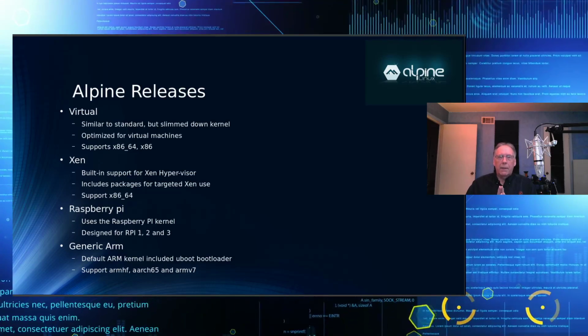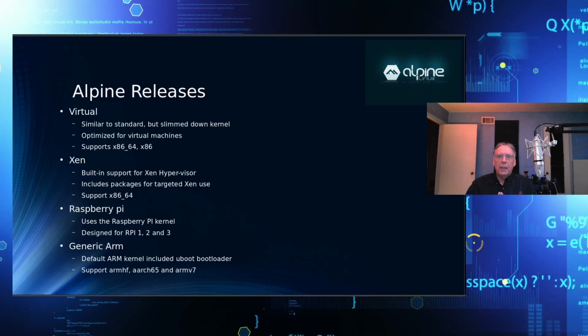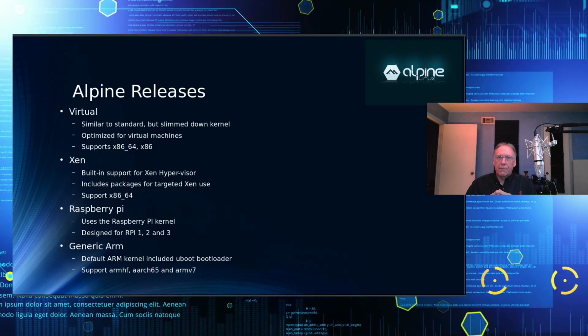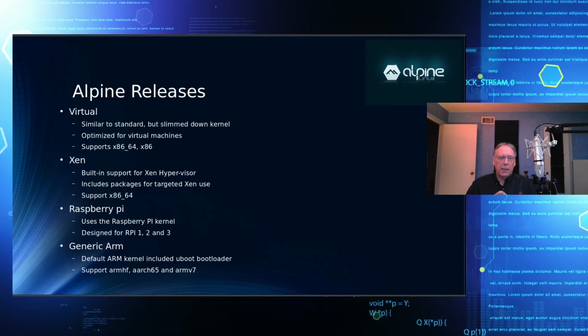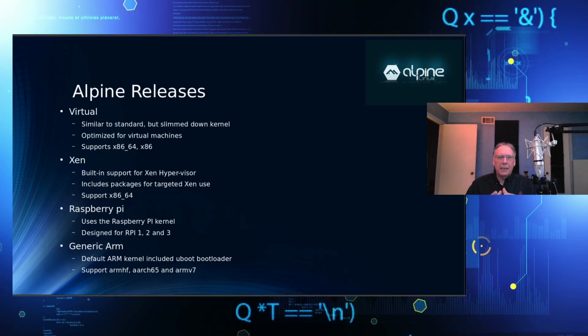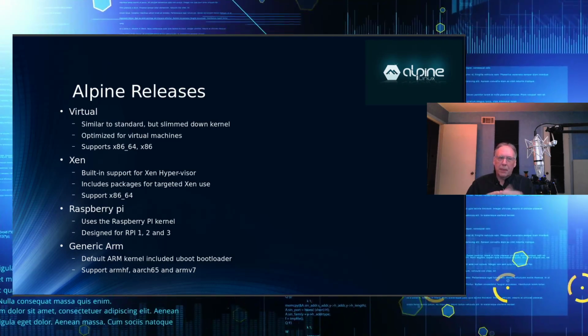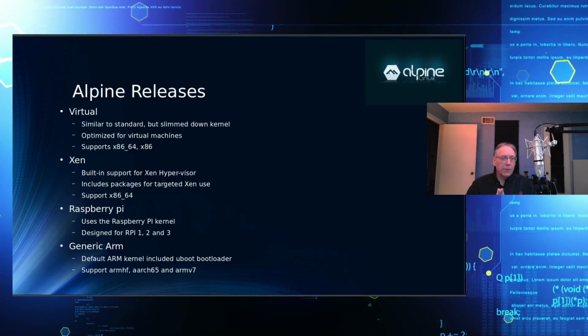There's a version for Raspberry Pis, and that uses the Raspberry Pi kernel, and that supports RPi 1, 2, and 3. As of this particular video, there's no RPi 4 support. And RPi 4 is gaining more support in the distros, and over time, I'm sure there'll be more of them, including Alpine. But right now, it's just 1, 2, and 3 versions.